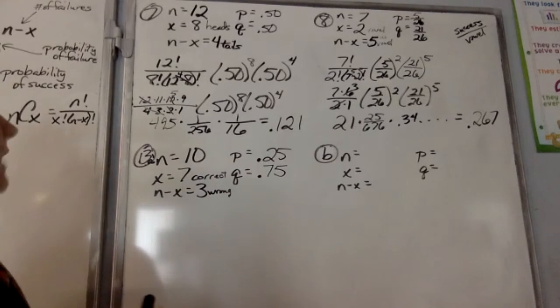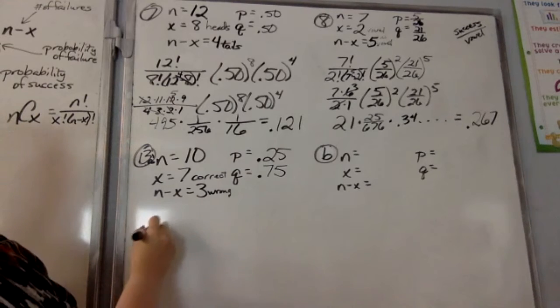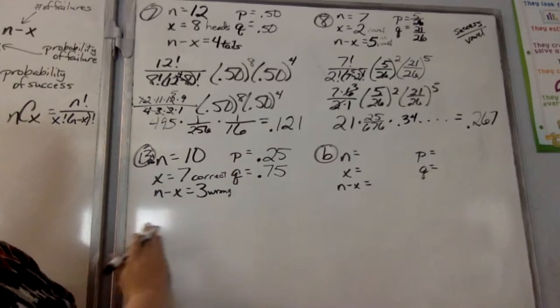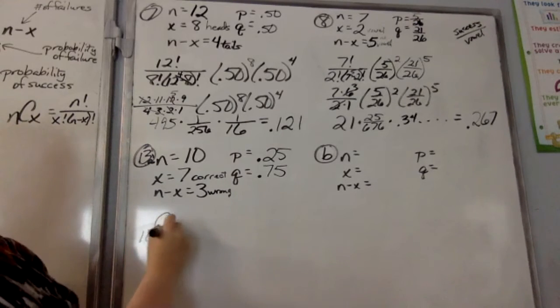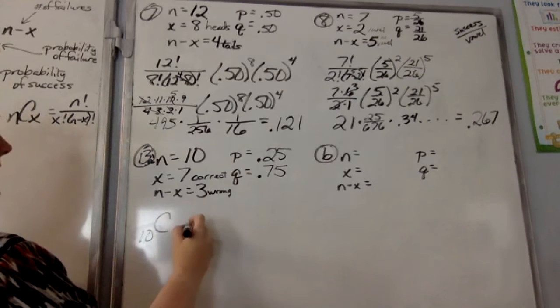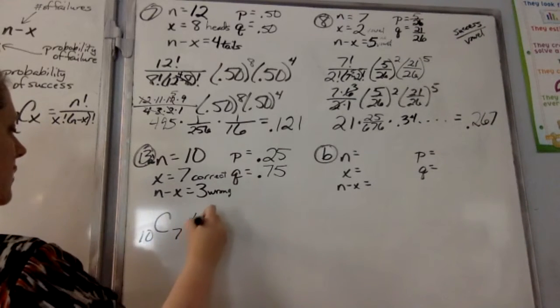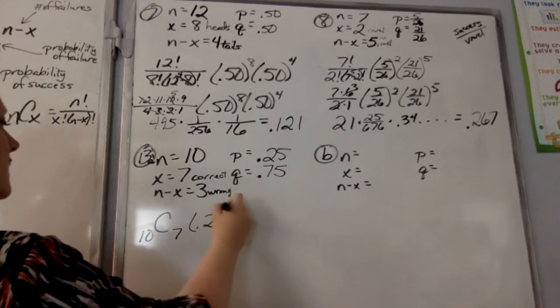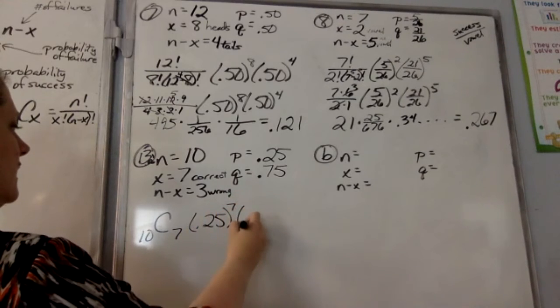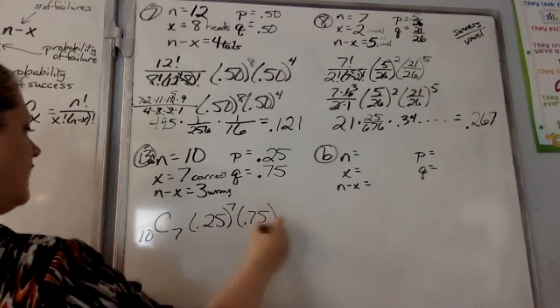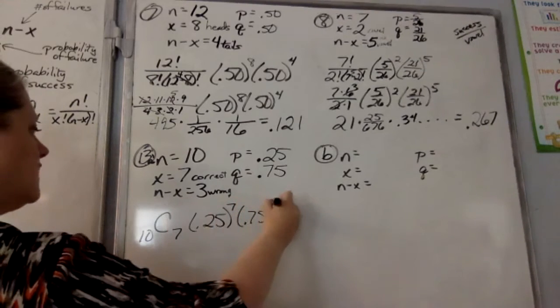When we go to plug it in, you would have 10 choose 7, nCx, and then you would have P, 0.25 to the 7, and Q, 0.75 to the N minus X, which is 3.